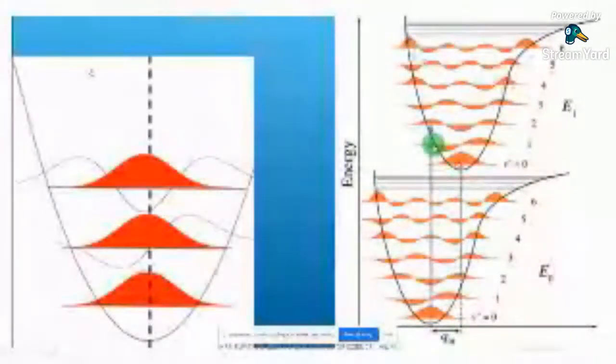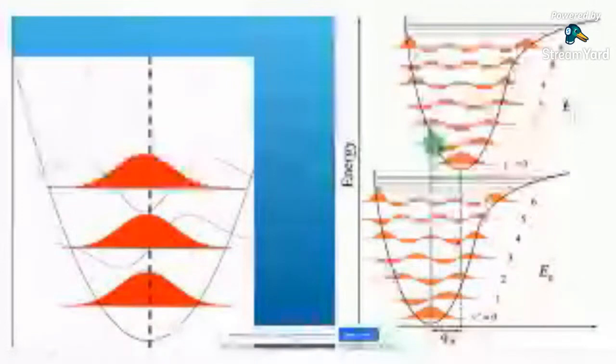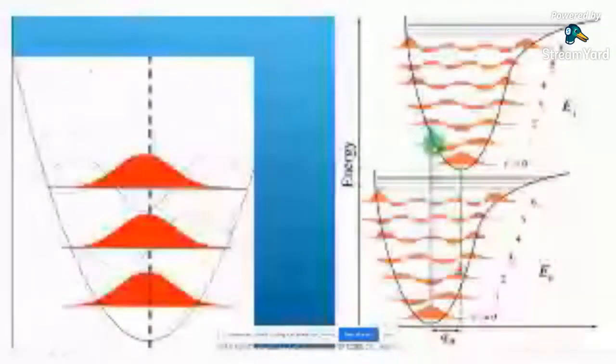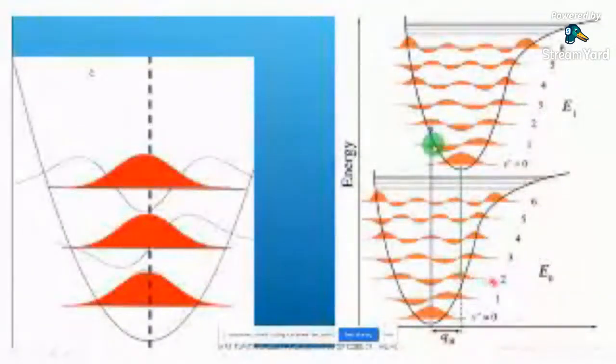Here there is slight overlapping, here also slight overlapping, but at the second energy level you can see maximum overlap is possible. So the intensity of the excited state vibrational energy level to the second ground state vibrational energy level will be highest. We will see it in the next.